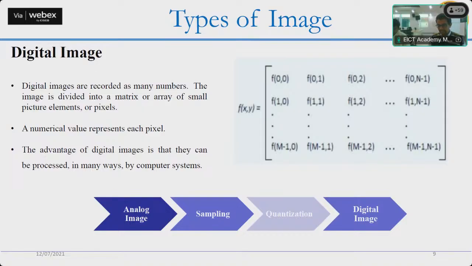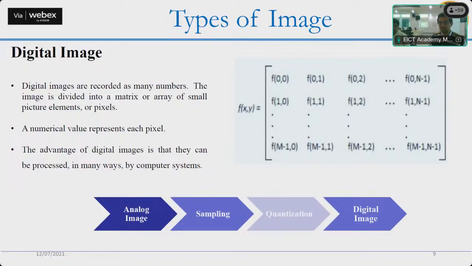After taking the samples, you also need to measure them, to give a certain level, and that level will be only an integer value. For example, in quantization, the intensity of the image may be 100, 101, 102.